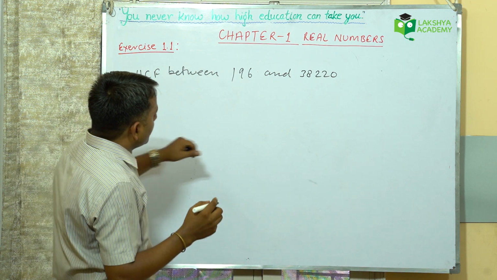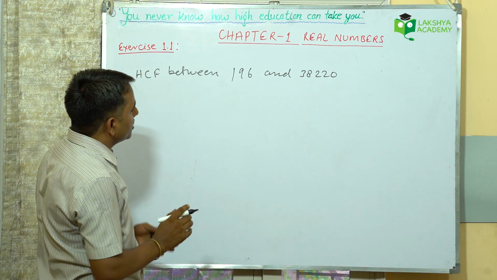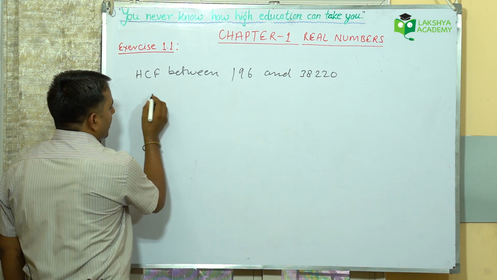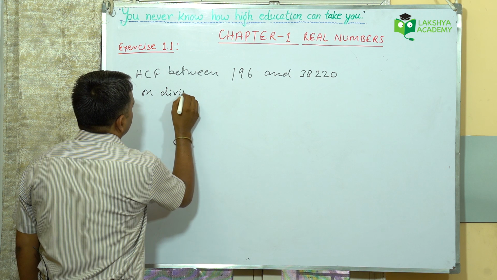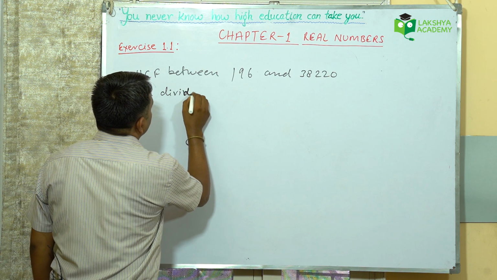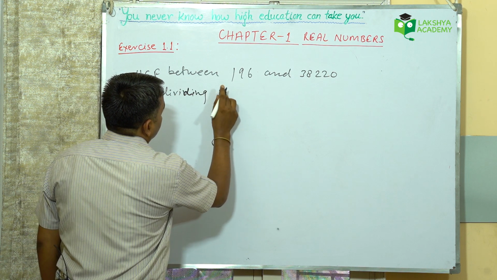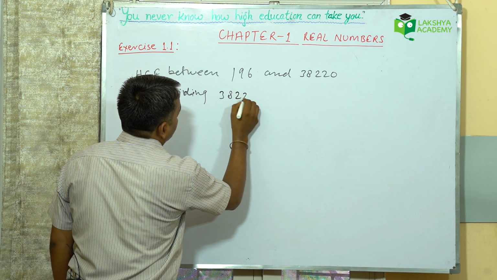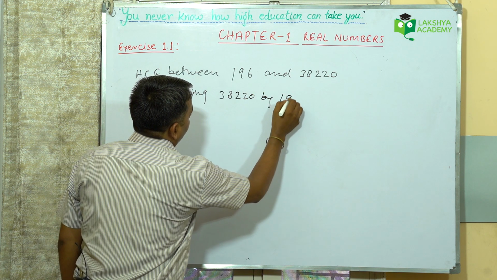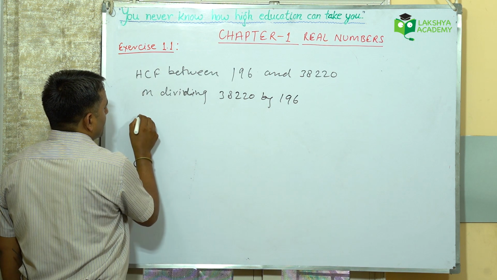Here also 38,220 is greater than 196. So on dividing 38,220 by 196.